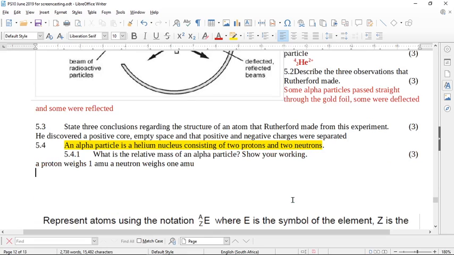Okay, so we've got 2 protons plus 2 neutrons equals 2 plus 2 equals 4 atomic mass units. So the relative mass, if it's the relative mass, it doesn't need the units on the end because it's relative to carbon 12 and you're dividing the units by the units. So the relative mass will be 4, and that is your final answer.